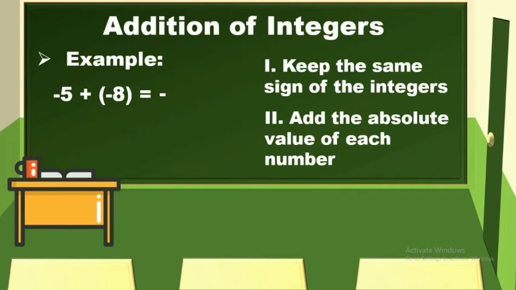Neglect the sign of 5 and 8. Then add 5 plus 8 equals 13. So therefore, negative 5 plus negative 8 is equal to negative 13. Did you get it now? Alright.